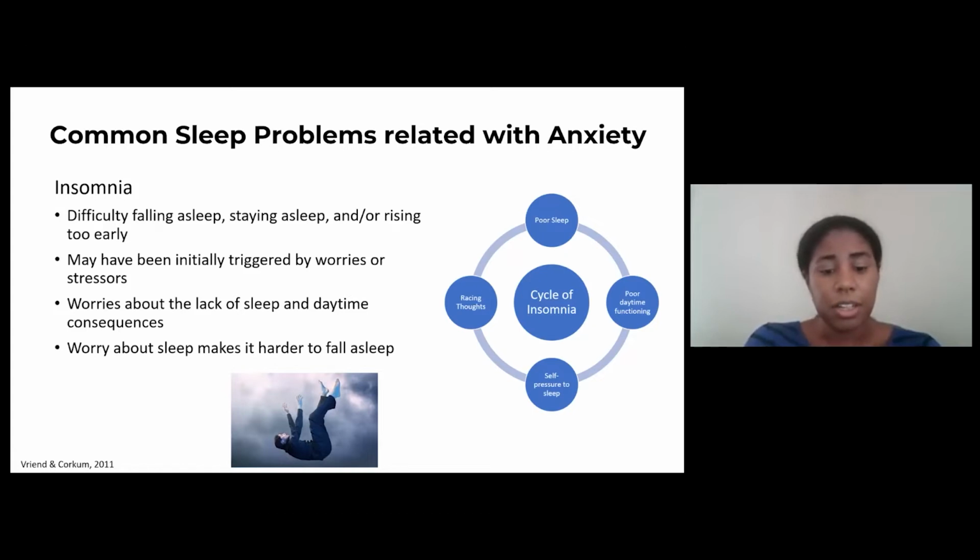And then, there are also precipitating factors, like stressful life events, upcoming tests, things that raise your anxiety levels, or traumatic events, life events. And so, they could lead to a kind of acute insomnia for some.